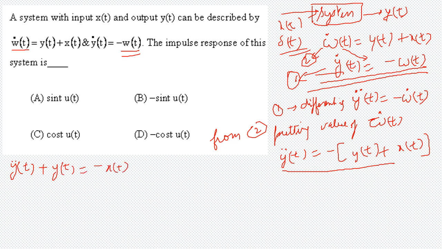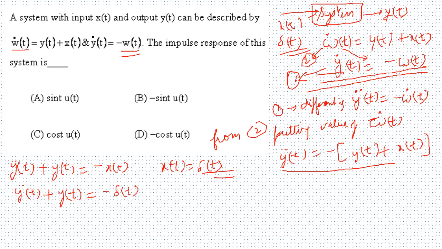Now we can substitute x of t equals del of t, because we need to find the impulse response. Impulse response means we have to substitute the del of t. So what we get is y double dot of t plus y of t equals minus del of t.